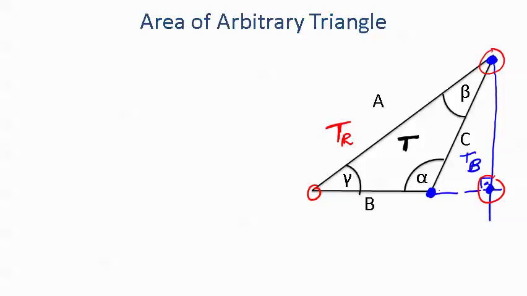Now, the area of the original triangle T will be equal to the area of the red triangle minus the area of the blue triangle.